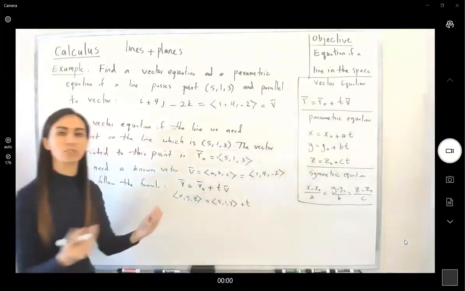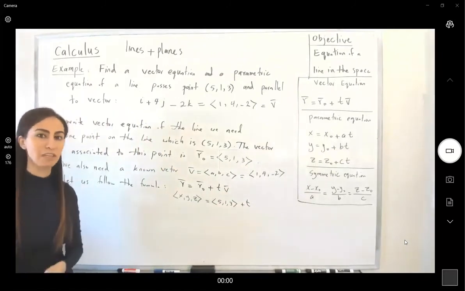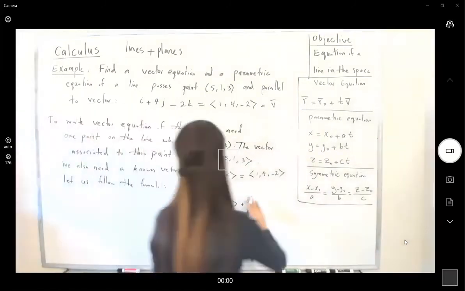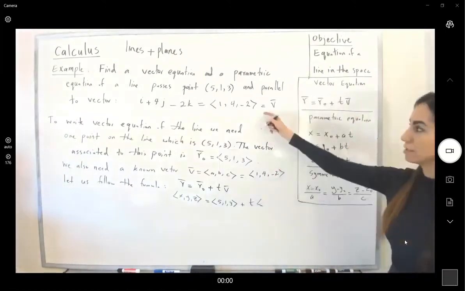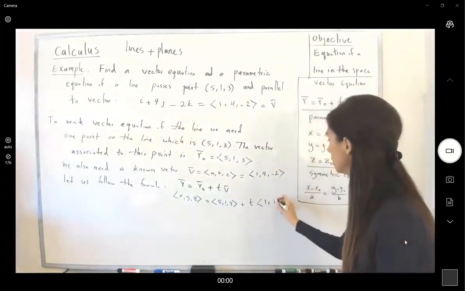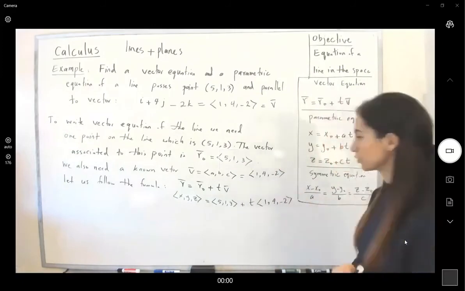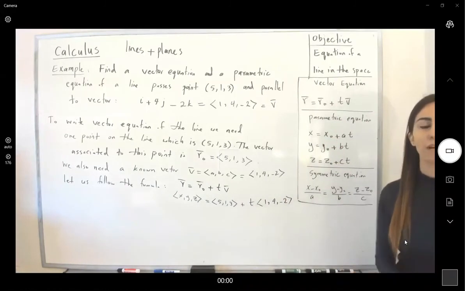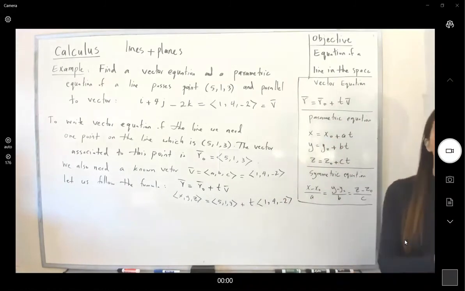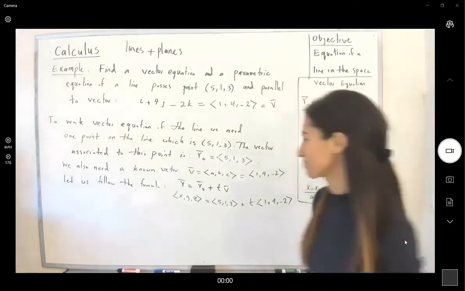T is just a parameter, it's just a variable, times the known vector v, 1, 4, minus 2. We can leave it as it is, or we can write it in nice and compact form.